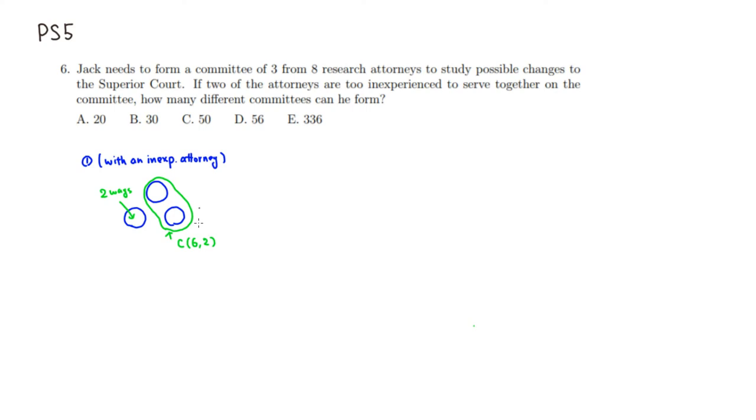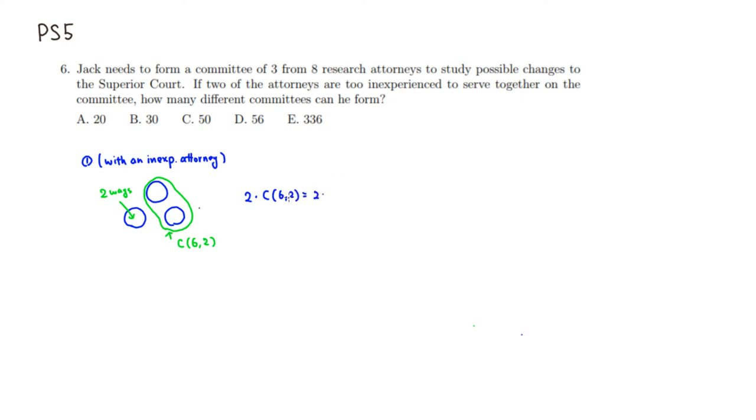This is going to be a combination because the order in which we choose attorneys doesn't make a different committee. So it's going to be 2 times combination 6, 2.